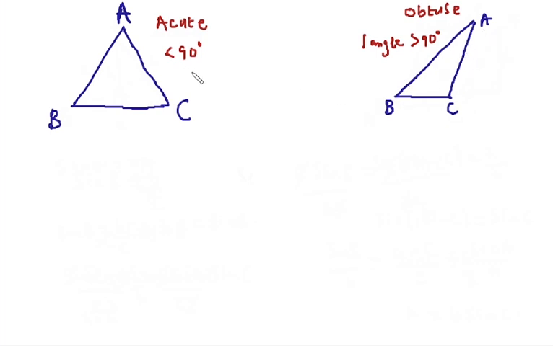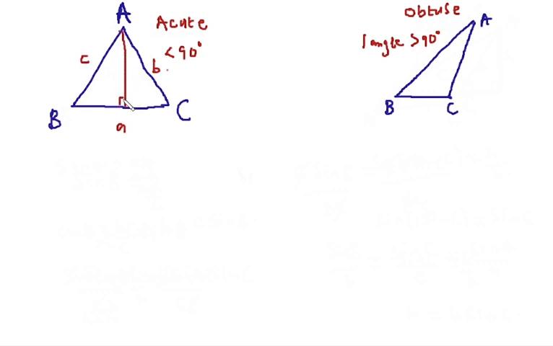We are going to first start with proving the cosine rule using the acute angle way. This angle A has an opposing side A. This angle C has an opposing side C. This angle B has an opposing side B. If we decide to split our triangle into two, we'll have two right angle triangles.